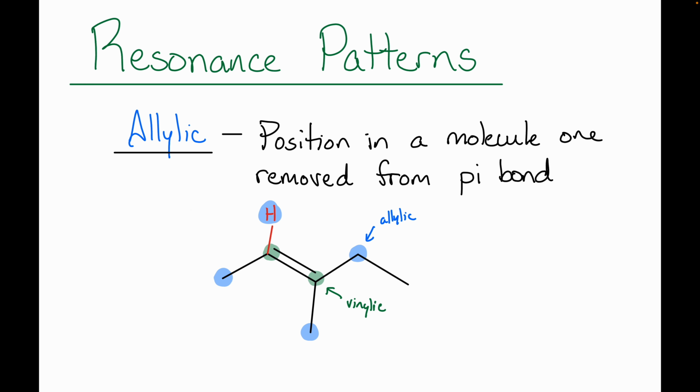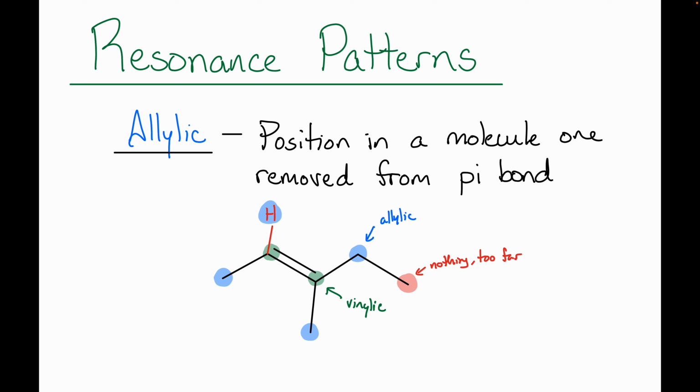That proximity of being next to that double bond is actually really important. And then this one over here is nothing. It's just too far away. We don't have a special name for that. But if we're talking about the allylic position in a molecule, we're talking about one removed from that pi bond.